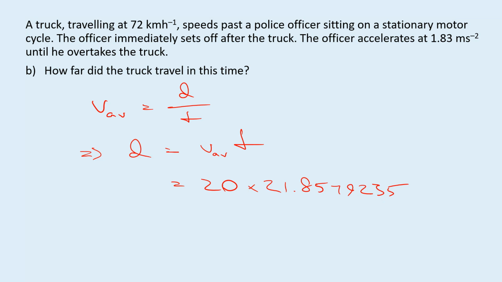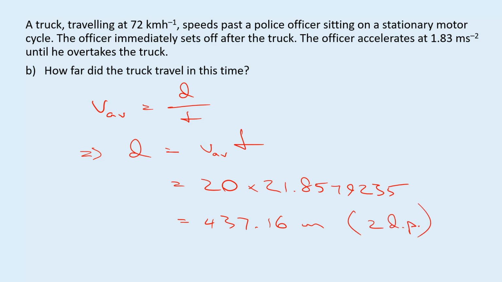So that's what the time actually worked out as. That was the calculator answer, and we don't use a rounded number in a further calculation, so you have to use the full time there. And the distance works out to be 437 and a little bit, 0.16 meters, rounded to 2 dp.